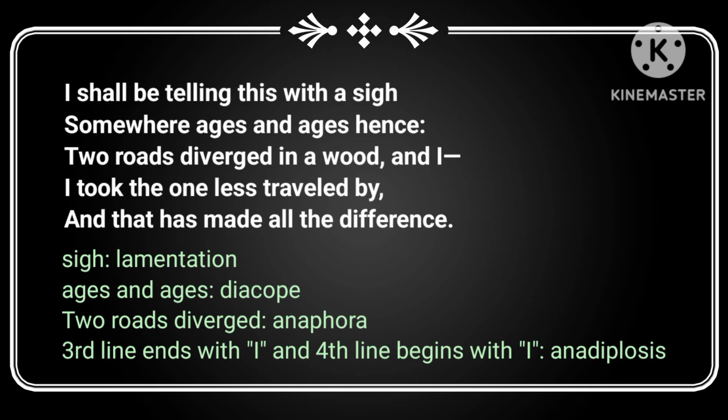So metaphorically, the decisions we make shape our journey in life, which we recount somewhere ages and ages hence. So the speaker states that he took the more challenging, unique decision that was not attempted by many, and that has led to his lamentation.